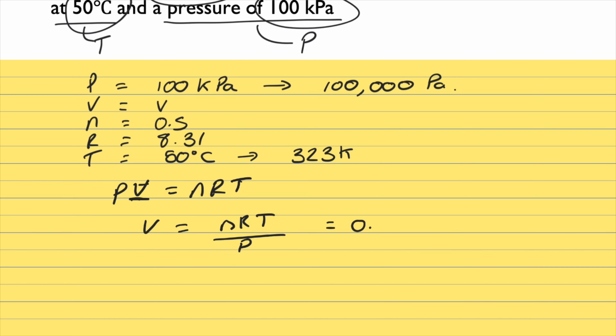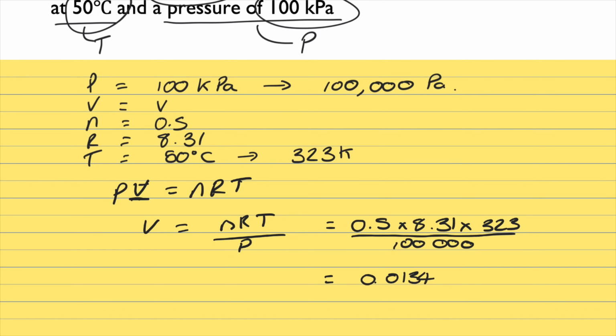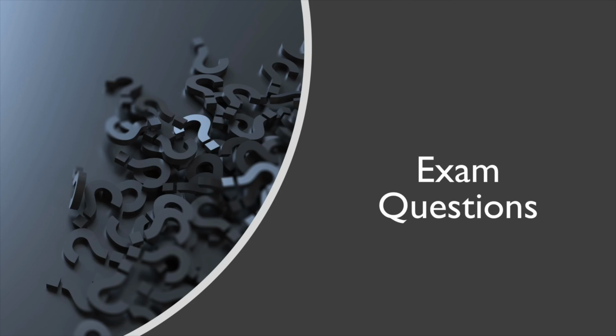So n is 0.5, R is 8.31, T is 323, and then I'm going to divide that by the pressure, which is 100,000, and then we should get an answer out in meters cubed, which is 0.0134 meters cubed.